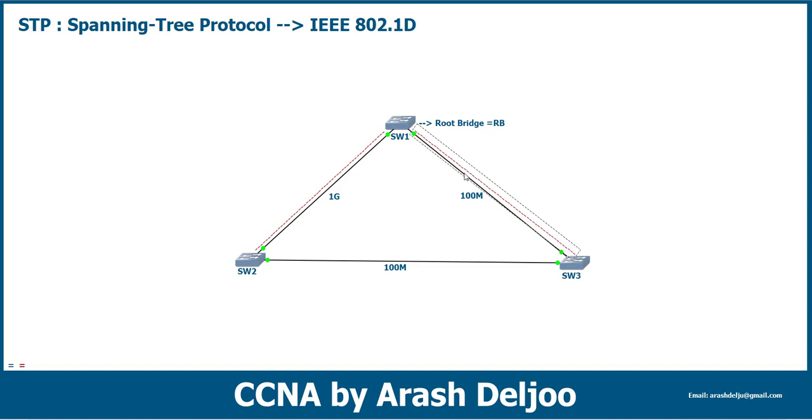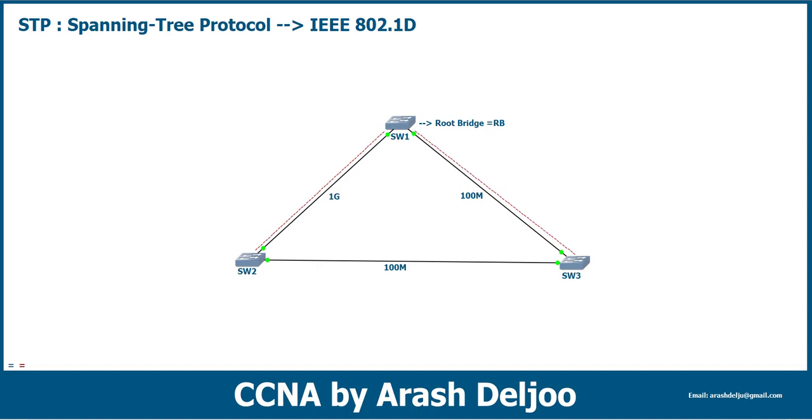This means that first we selected one root bridge, after that we try to reach all of the other switches in this network from the root bridge. The best path from switch 1 to switch 2 is the direct link from switch 1 to switch 2, and the best path from switch 1 to switch 3 again is the direct link from switch 1 to switch 3.